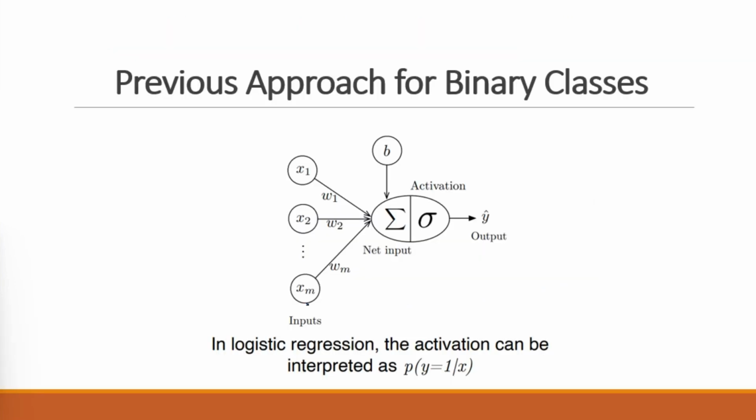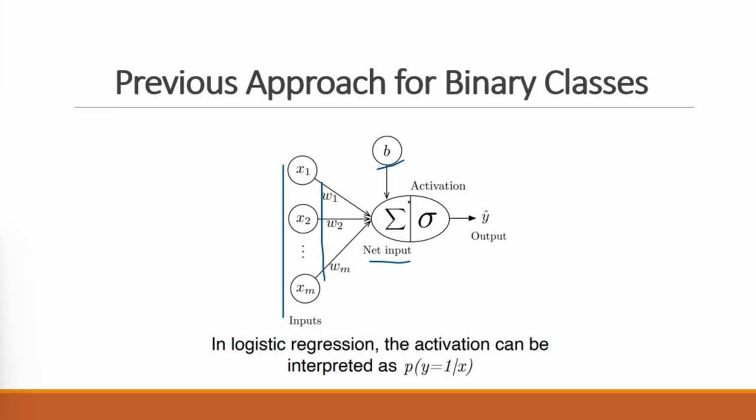Now, just to briefly recap before I introduce the Softmax model, here's a drawing of the regular logistic regression model for the binary classification case. As input, we have a feature vector, and then we have this weight vector. We compute the dot product between the two and add the bias unit, which gives us the net input.